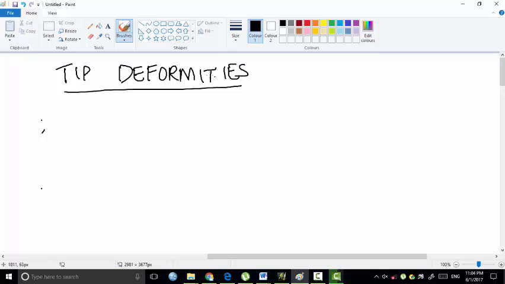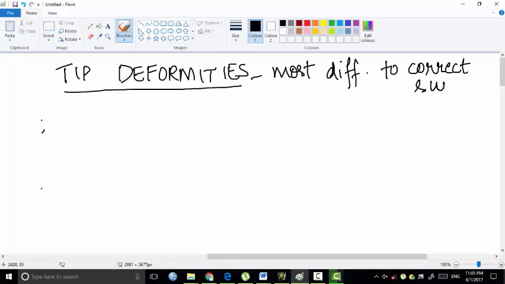Tip deformities are the most difficult to correct surgically, because they are at the tip. So the surgeons should be experts to do tip deformities. It is of different types.